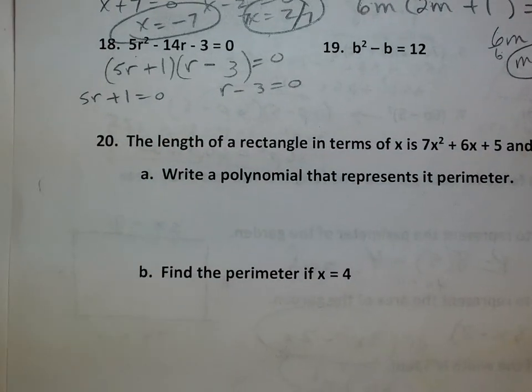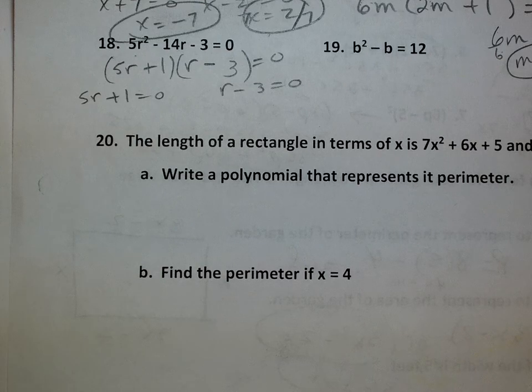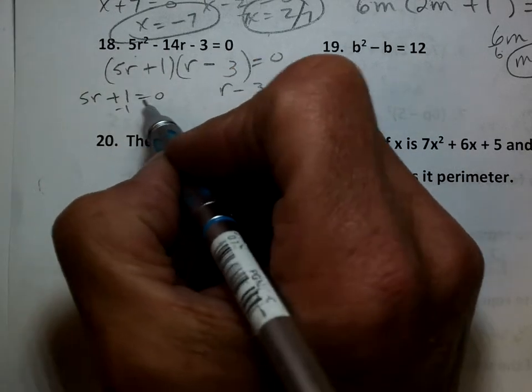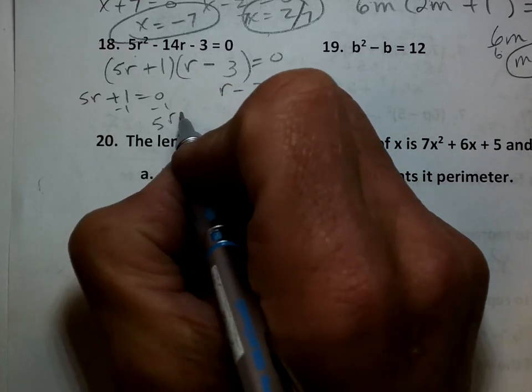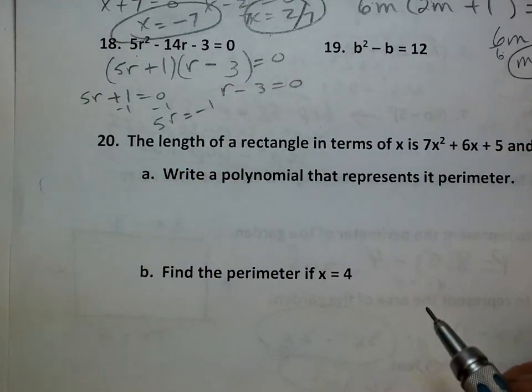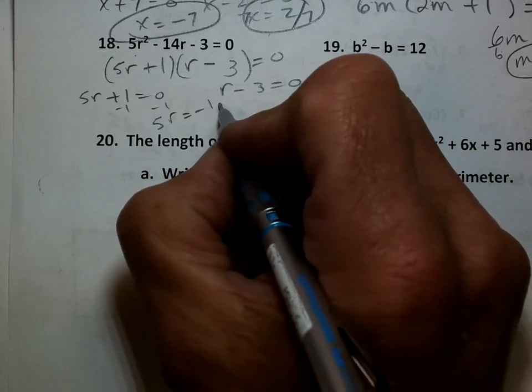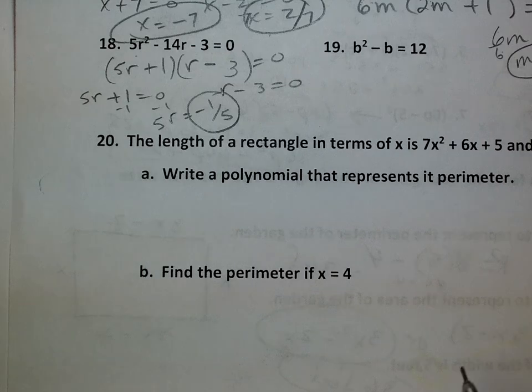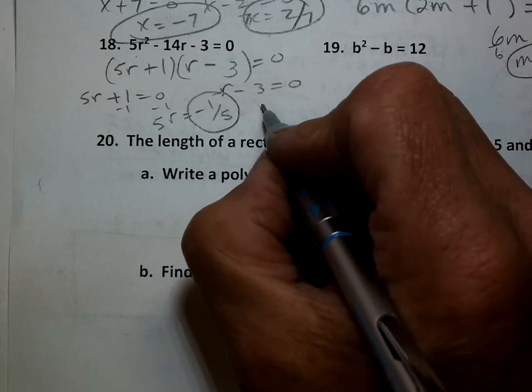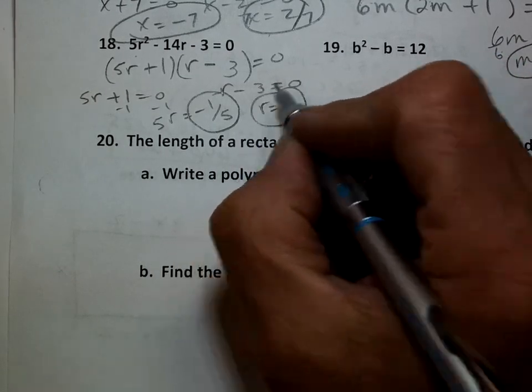Little mini equations, and then I have to solve my mini equations. Minus 1, 5R equals negative 1. Divide by 5, and one answer is negative 1/5. Plus 3, positive 3, right?